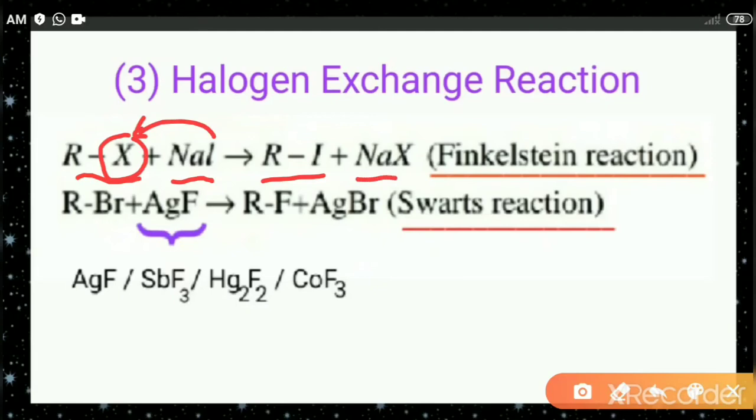You can check in this product, in the place of X, now there is an I. So here an exchanging of a halogen is taking place. Therefore it is a halogen exchange reaction, and this reaction is a name reaction called the Finkelstein reaction. Let us take the second example.